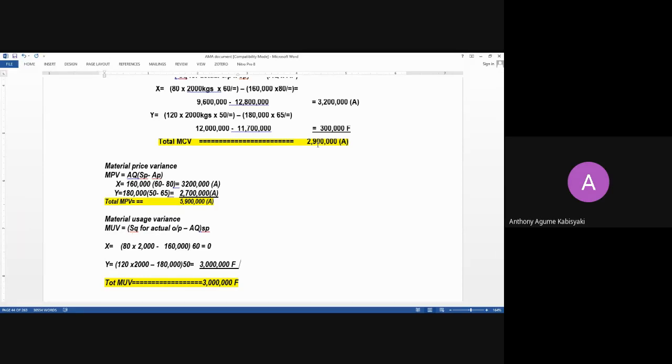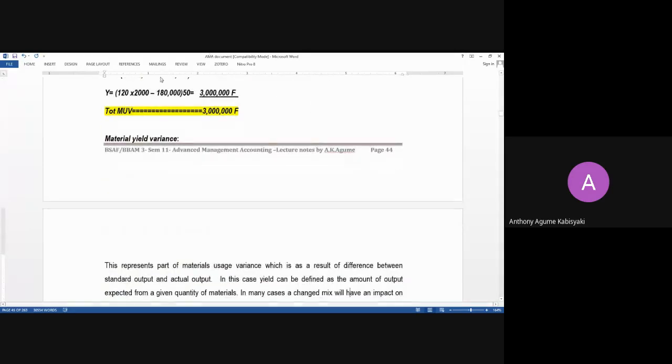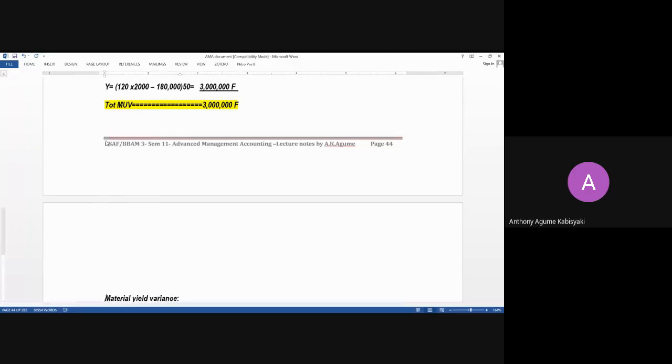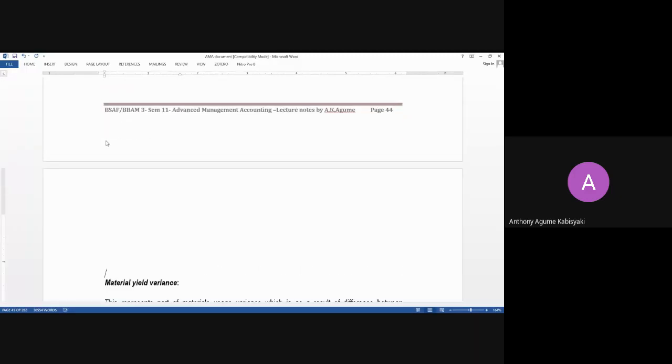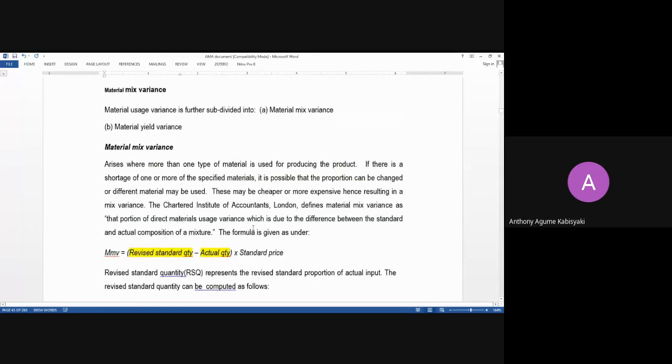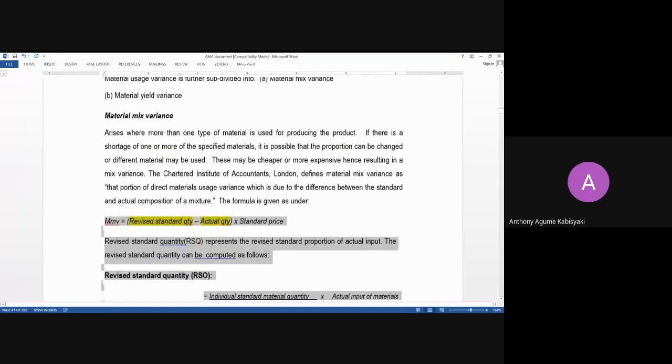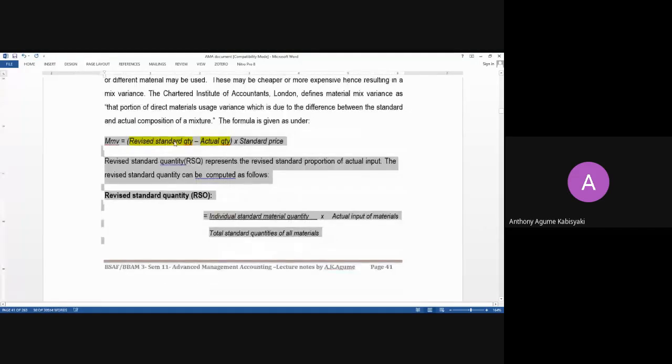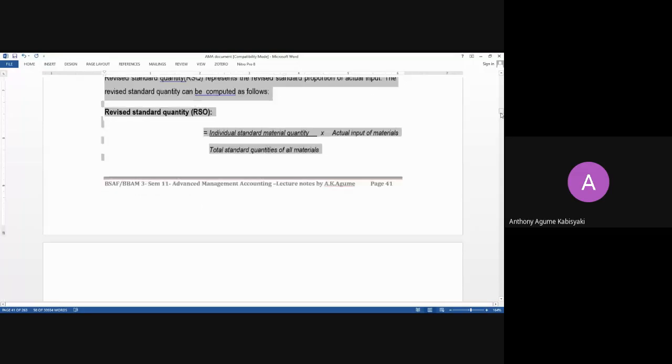So lastly, what I wanted to measure, because these ones I had computed, I was just repeating, we had looked at them. So what I want to look at is material mix. The material mix variance, this one is what I wanted to measure.